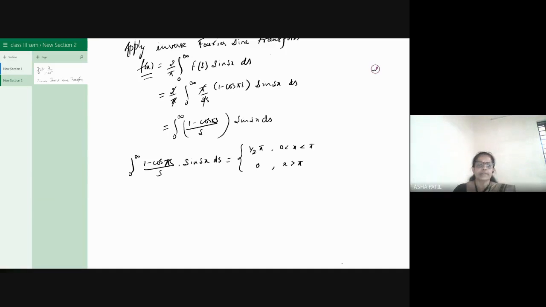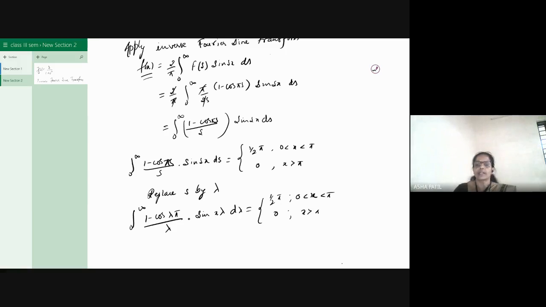Now just replace s by lambda because the answer is given in terms of lambda. Integration from 0 to infinity 1 minus cos pi lambda divided by lambda into we have sin x lambda d lambda is equal to, we have the function 1 by 2 pi from 0 to pi, and it is 0 for x greater than pi.